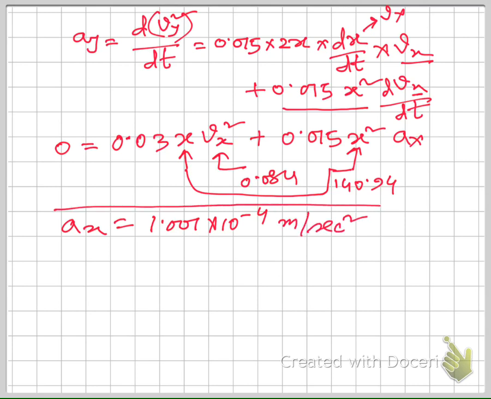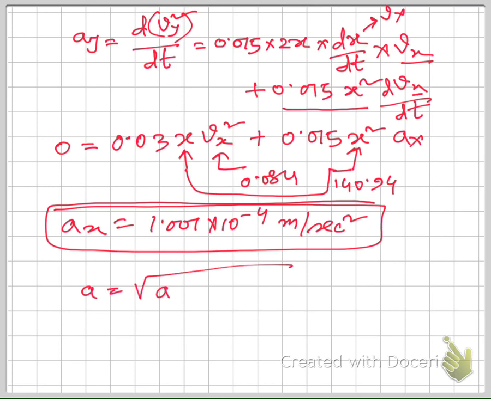Since the velocity in the x direction vx is small, we expect that ax can be small. So if we look for the magnitude of the acceleration, which would be ax whole square plus ay whole square, which is 0, so we'll have only the x square. If we take square and square root, we will get the same value.